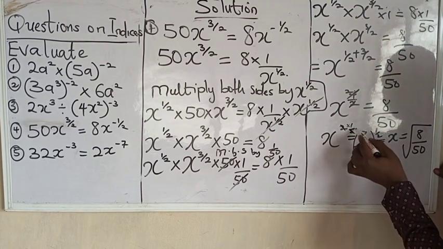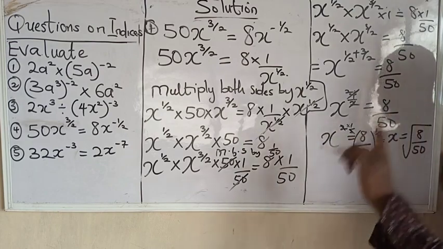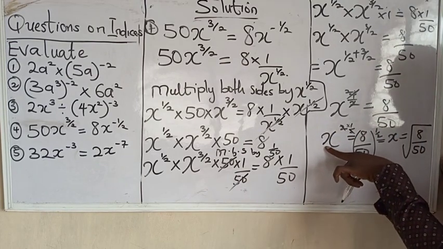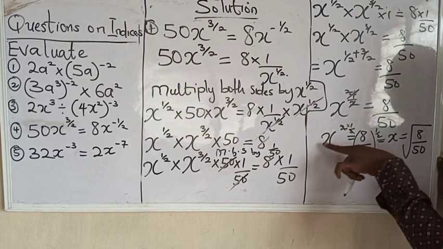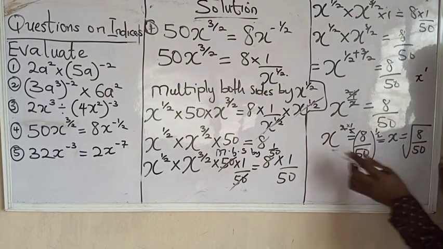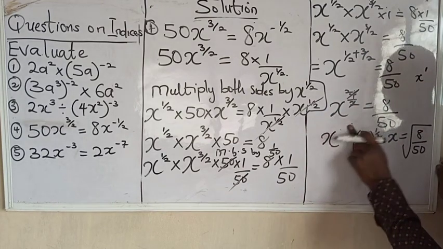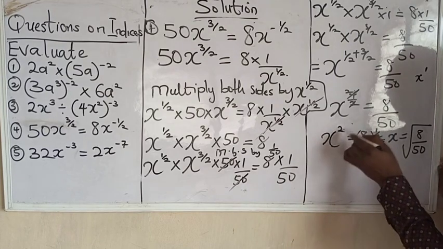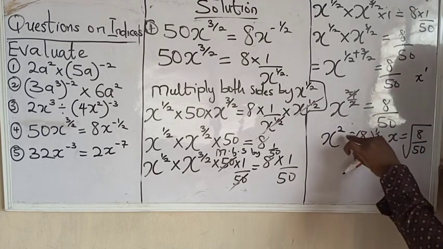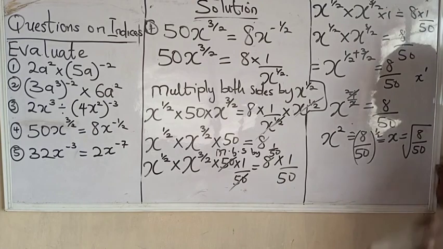Why am I multiplying both sides by half? Because I want to make x stand alone. The only way I can make x stand alone is by making it x raised to power 1. So if this is 2, the only way I can cancel this 2 to make it 1 is by multiplying both sides by its reciprocal.